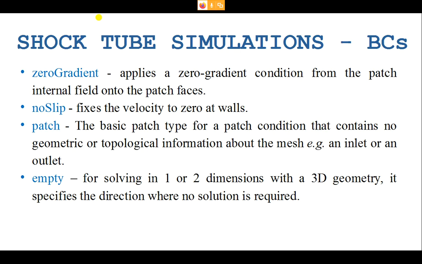So after giving the boundary conditions, we have not yet given the diaphragm and the high pressure and low pressure sections. Basically we have to tell the computer that the left part, this much length inside the tube, these many cells, has a higher pressure. That's how we have to initialize.